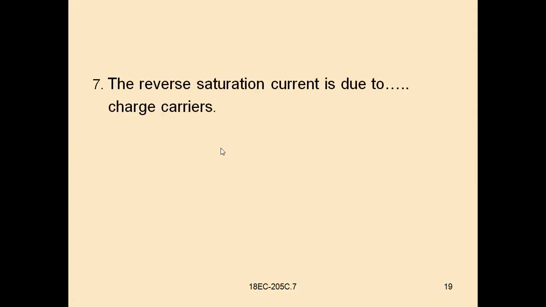The reverse saturation current is due to minority charge carriers. Okay. The reverse saturation current is due to minority charge carriers. Next, breakdown causes the rupture of the internal barrier junction.